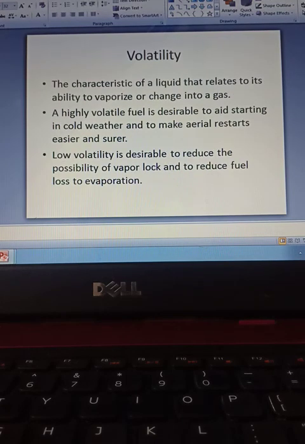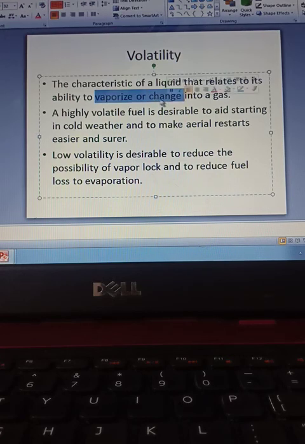One of the most important characteristics of jet fuel is its volatility. What is volatility? It is the characteristic of a liquid that relates to its ability to vaporize or change into a gas. Ability to vaporize or change into gas.